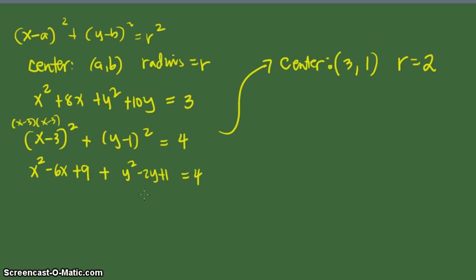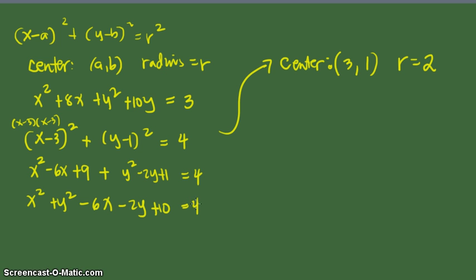Okay, and then I will try to make this side equal to 0. At the same time, I'll be arranging this in such a way that the exponents are in decreasing order. So that means I will have x squared plus y squared. I'll order x and y, so x first and then minus 2y, and the 9 and 1 will become 10 and then equals 4.